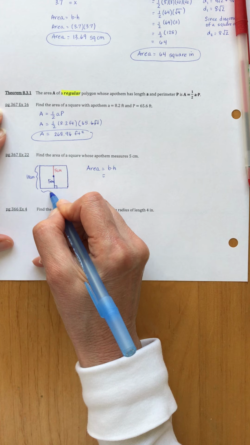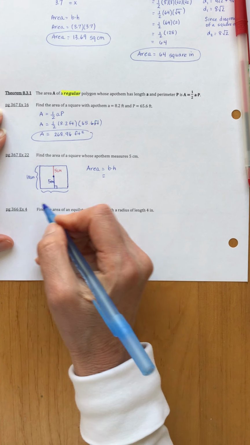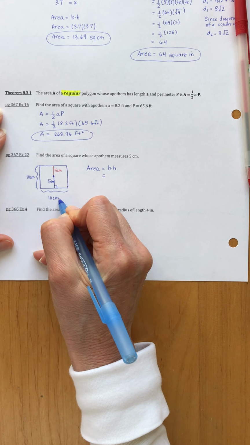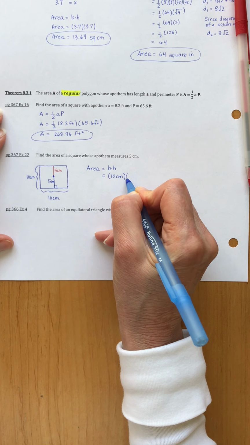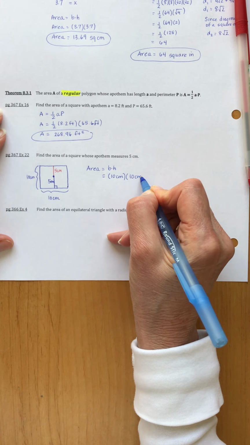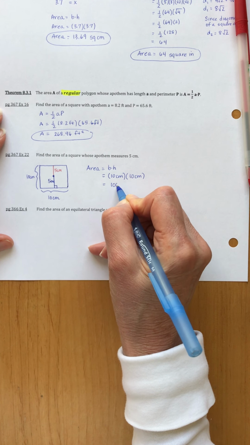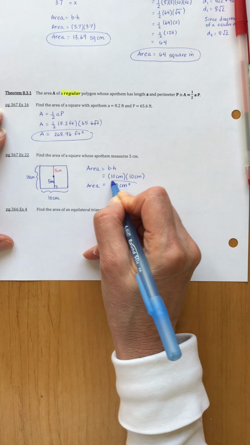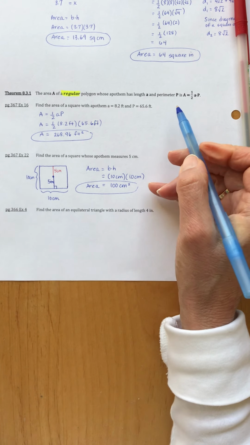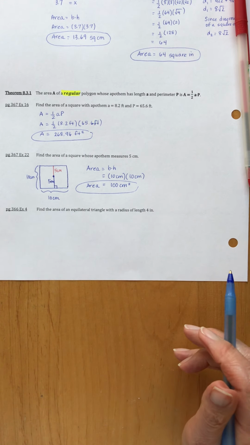And what about this one? Well, it's a square, so all sides are the same, 10 centimeters. So the area is equal to the base, 10 centimeters, times the height, 10 centimeters, so we get 100 centimeters squared. Now you could do this using the other formula, a and P, and you'd come up with the exact same answer.